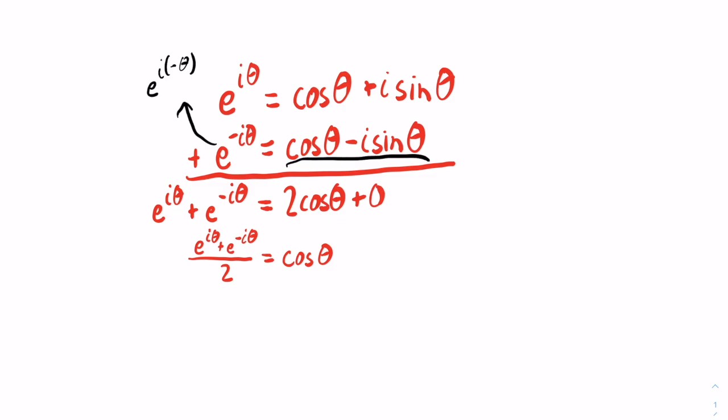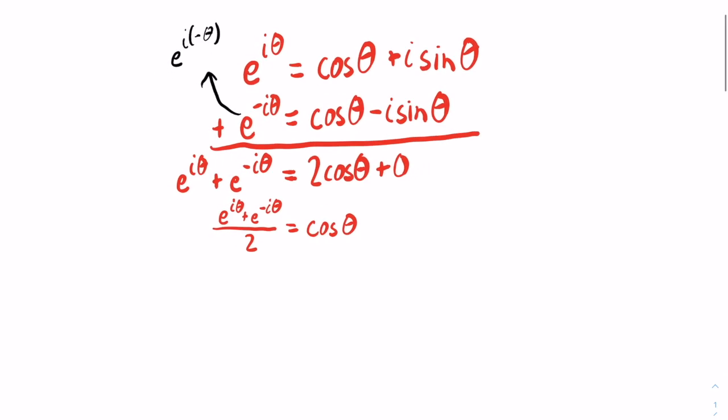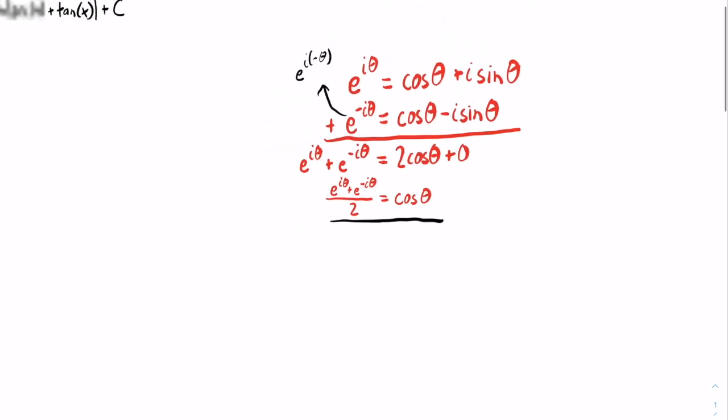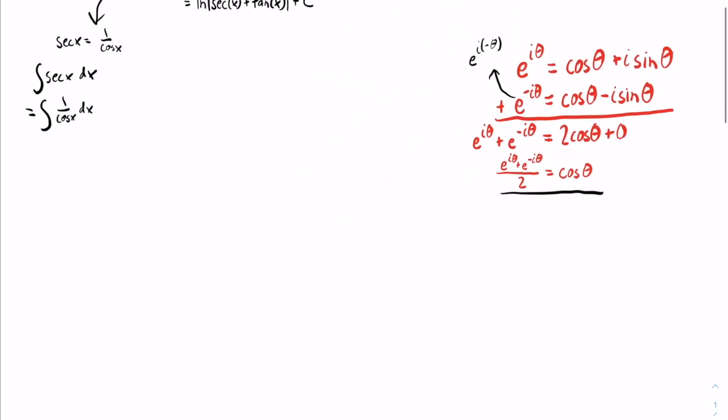So that's where that subtraction sign comes from, and the cosine stays the same. But anyway, you add those two together and rearrange terms, and you end up with this expression for cosine of theta. So you substitute that back in.